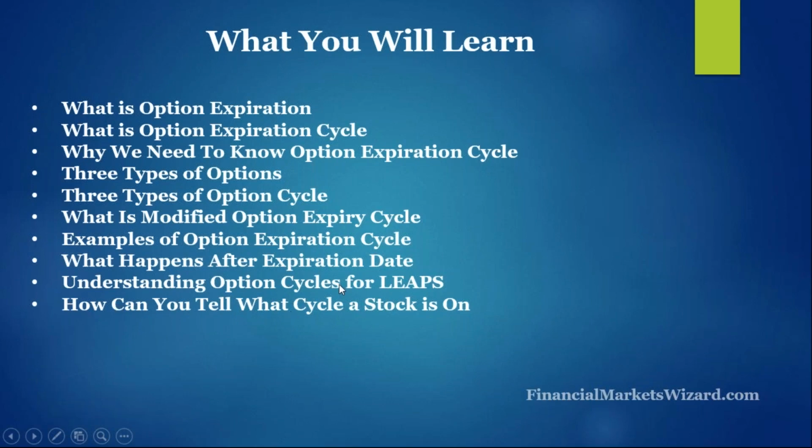And if you trade LEAPS, which are long-term options, I will give you an example of how the months are added for LEAPS. And by looking at the option chain, you will know on what cycle the options are being traded and what next month will be added once the current month expires.